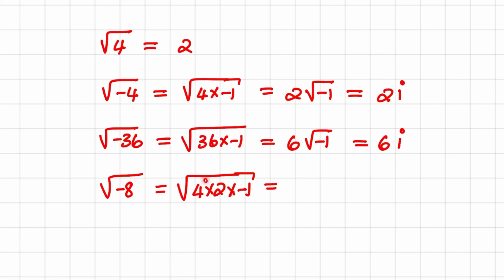Now, the square root of 4 is equal to 2, and we cannot simplify the square root of 2 because that's an irrational number. And then we have the square root of -1. So the square root of -8 is equal to 2 square root 2 i.